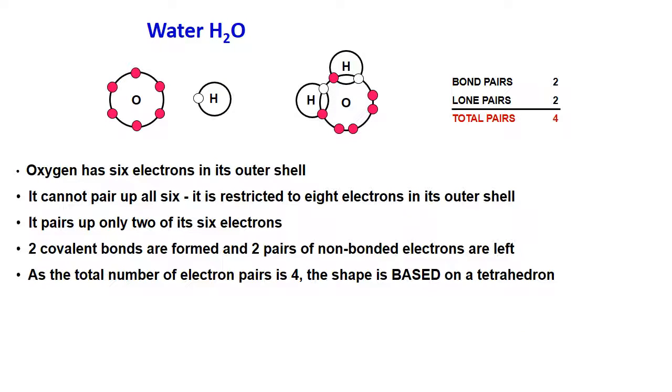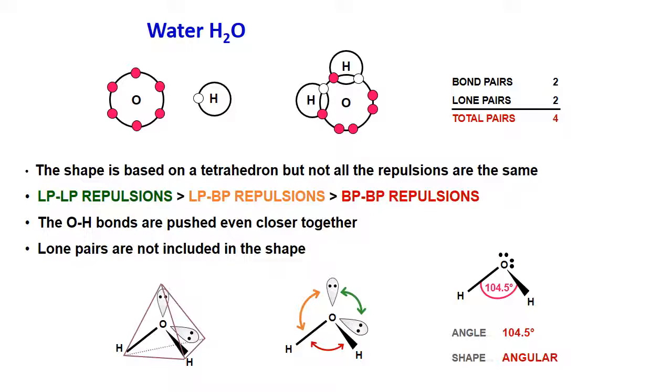Water, again: the oxygen has 6 electrons, but it can't pair up with all of them. You've got these 2 lone pairs. So you've got 4 electron domains based on the tetrahedron, but now you've got these 2 highly repulsive lone pairs. The lone pair repulsions are going to be a lot stronger than the lone pair-bonding pair repulsions, which are slightly stronger than the bond pair repulsions.